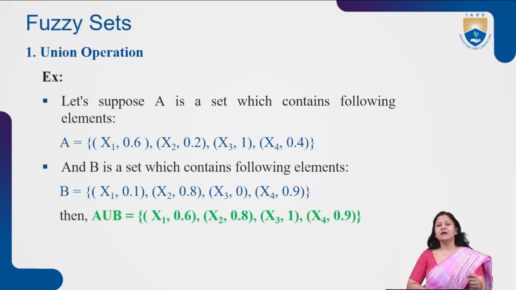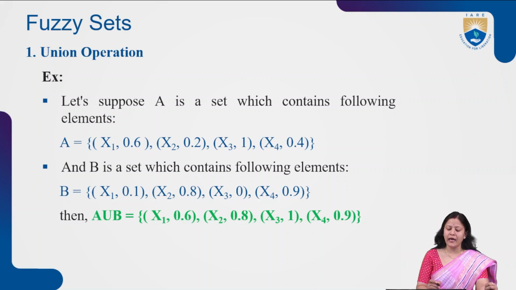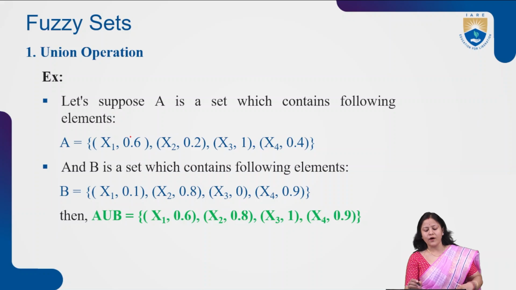Now we can see an example for the set union operation. Let us suppose A is a set which contains the following elements: x1, x2, x3 and x4. Here it is written 0.6, 0.2, 1 and 0.4.